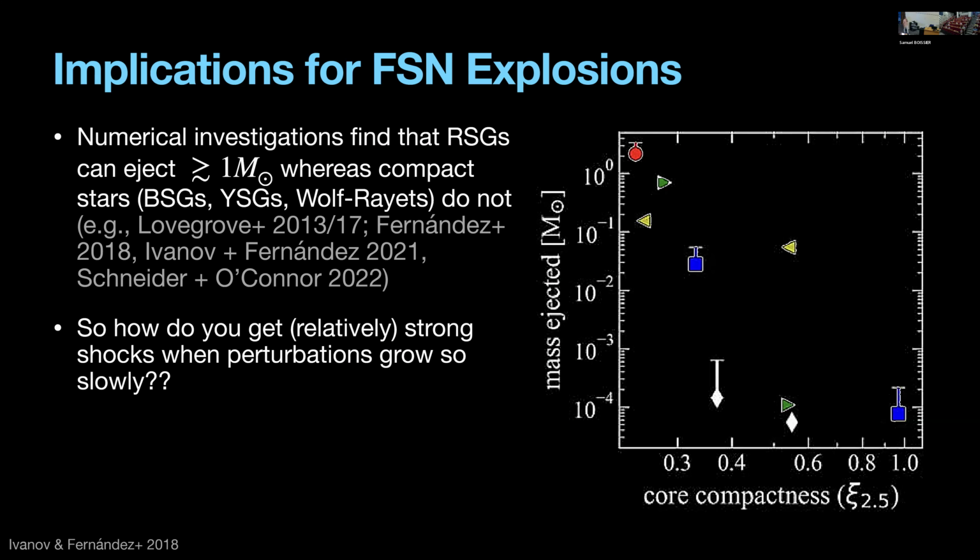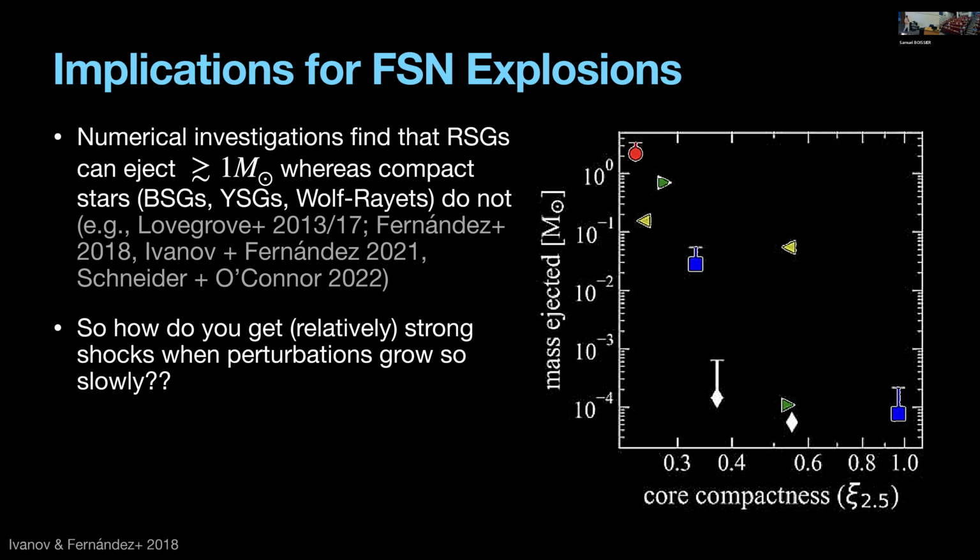So, okay, what are the actual real-life implications for failed supernovae? Numerical analyses of this problem have shown that red supergiants easily eject their outer envelopes, and you can eject a solar mass or so of material, and that's why we tend to look at those for failed supernova candidates.